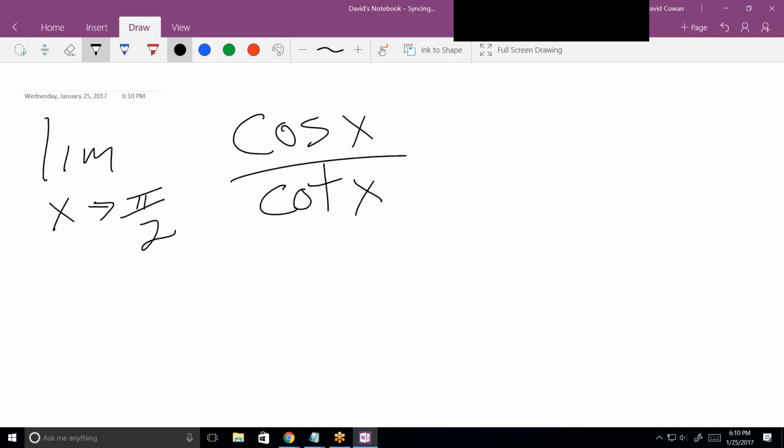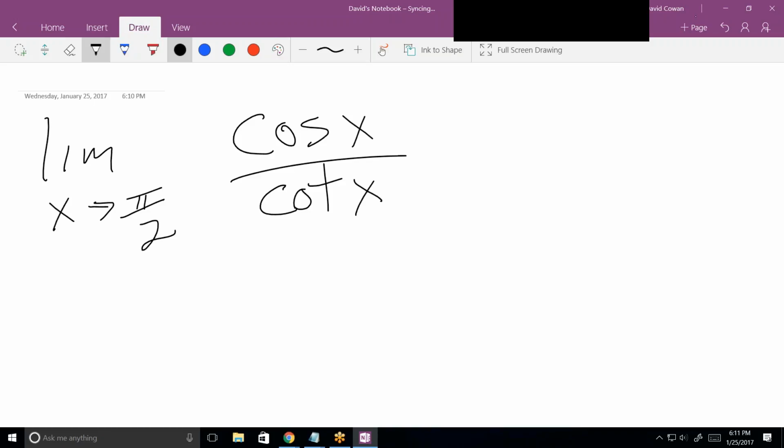So the top is 0. It's the cotangent of pi over 2. Zero also. Okay, so direct substitution, you have 0 over 0.